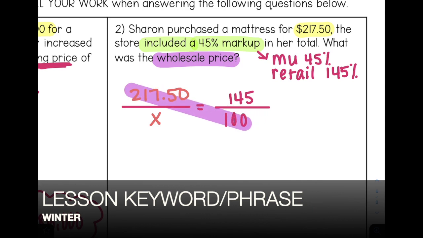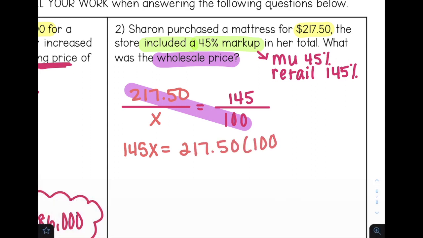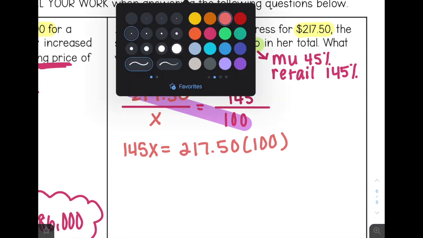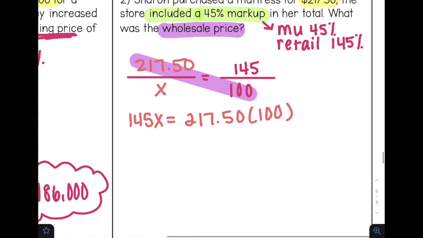So again, you can cross multiply and get 145x equals $217.50 times 100, which would be 250 without your decimal.